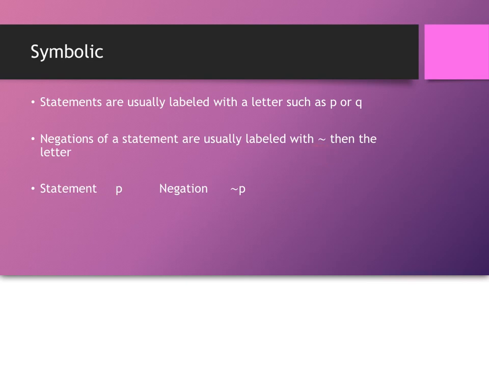Right? So a statement might be P, the negation would be tilde in front with a P. Okay, like I said, we're not going to deal with that a whole lot in this chapter, but if you read somewhere, if you're talking about symbolic logic in another math class, I want you to have at least seen that.